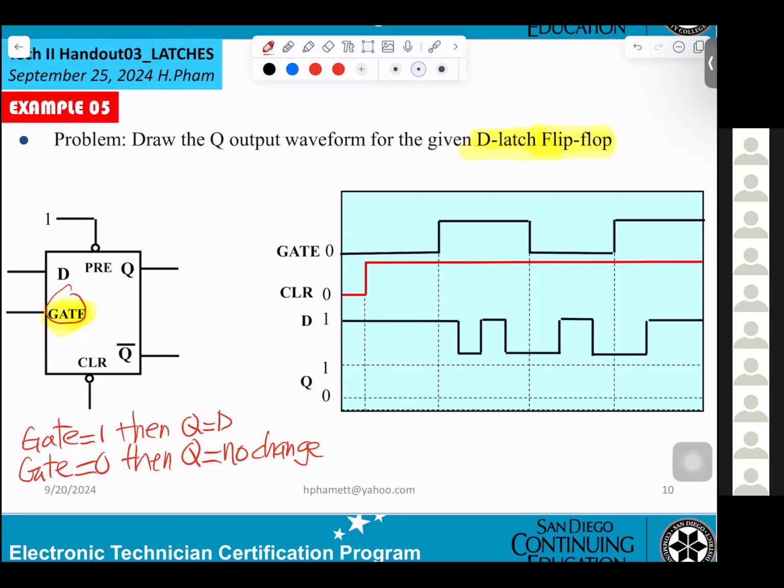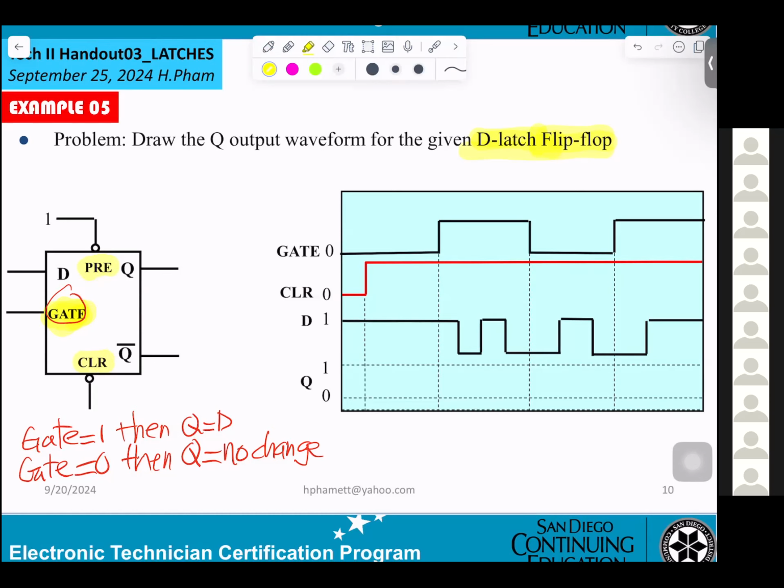Now in here, if you're looking at this schematic, you see 2 signals. That one, that one.